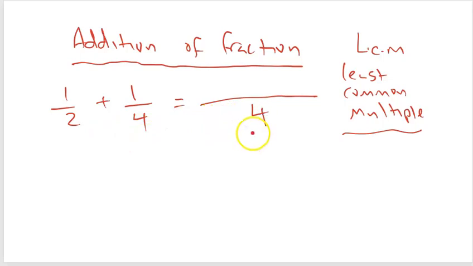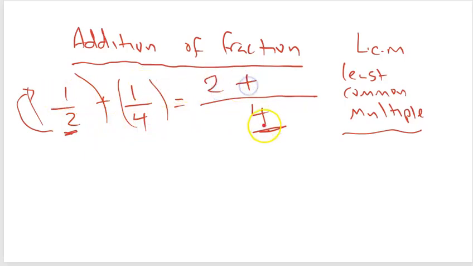Okay, so the next step is you divide the LCM by the denominators of each piece of the fraction. This is one piece, this is another piece. So I divide 4 by 2, that is 2, and then you multiply that with the numerator. 2 times 1 is 2, plus, then you divide now the second part. 4 divided by 4 is 1. 1 times 1 is 1.